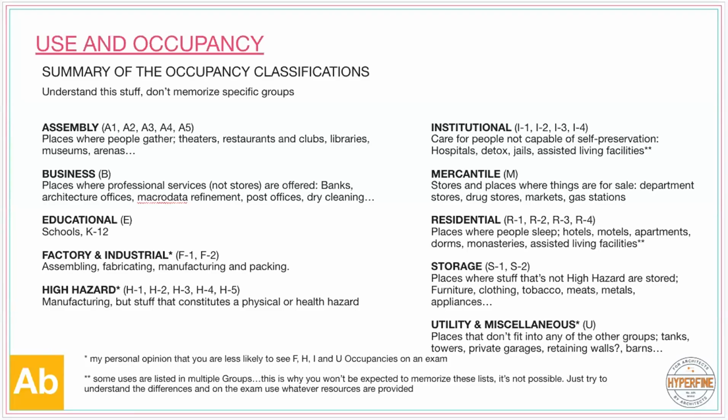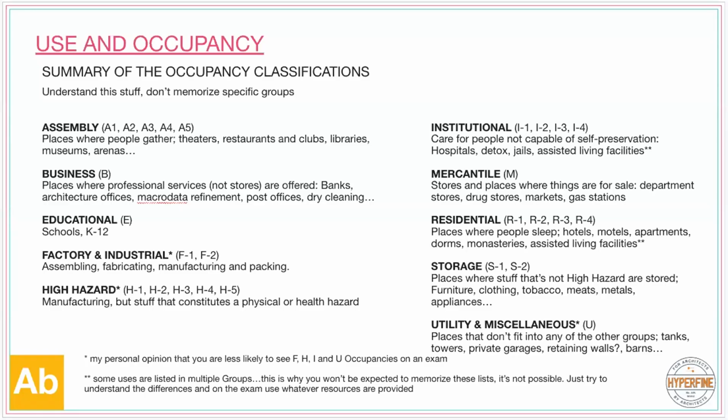Institutional, I think this is another one that's probably not going to come up on the exam, but this is where people live who are not capable or allowed to take care of themselves, like hospitals or jails or detox or assisted living facilities, which you can see is also in residential. So residential is places where people live. They could be transient, like hotels and motels. They could be long-term, like apartments. They could be various other things, dorms, frats and sororities, that type of thing.